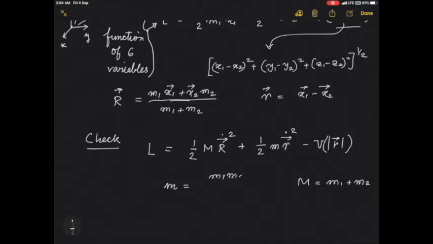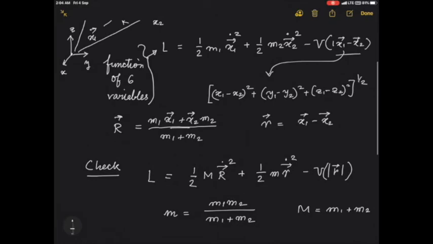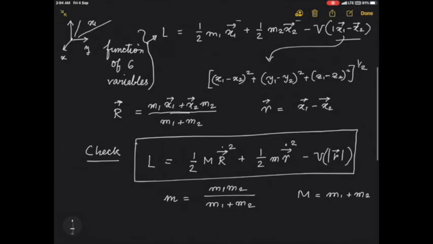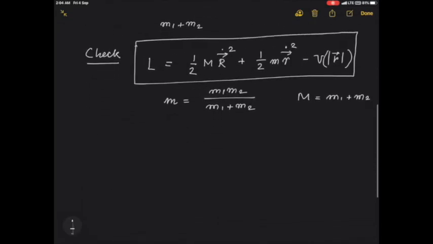So this is m1 m2 by m1 plus m2. This you can see easily. The easiest way to verify is to put everything back in this expression, and you will get back that equation. This is the second incarnation of the Lagrangian for a central force problem, and you immediately notice something. What do you notice? I have a cyclic coordinate.